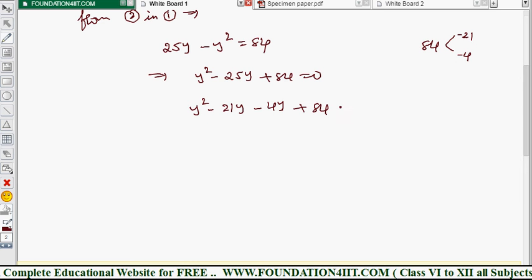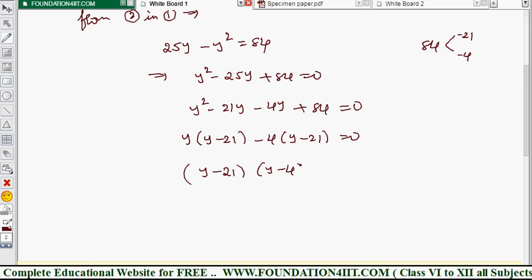So y square minus 21y minus 4y plus 84 is equal to 0. Just factorization. Take common y minus 21, and the same comes in the bracket: y minus 21 is common, and y minus 4 is equal to 0. Therefore y is equal to 21 or y is equal to 4.